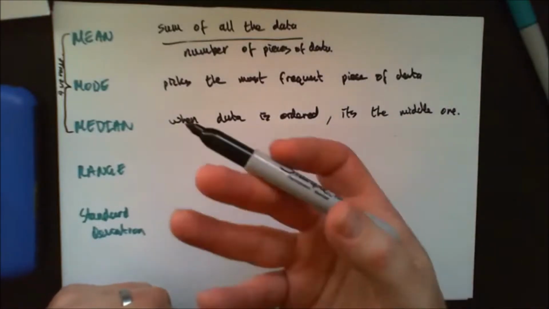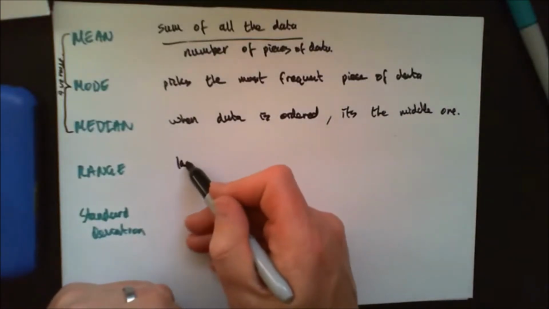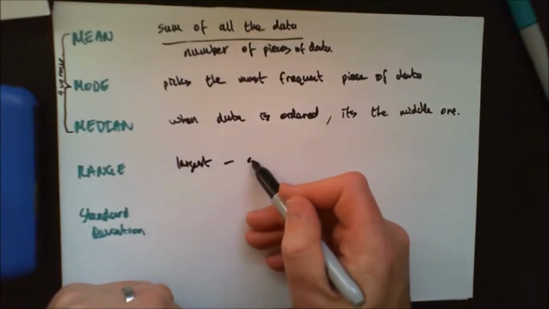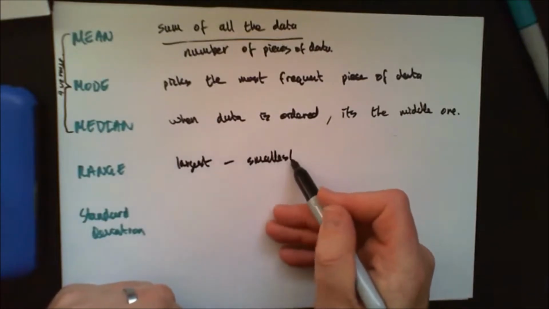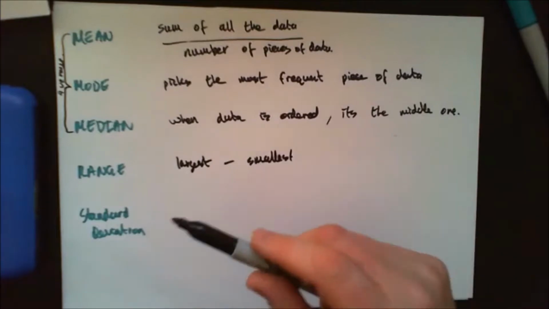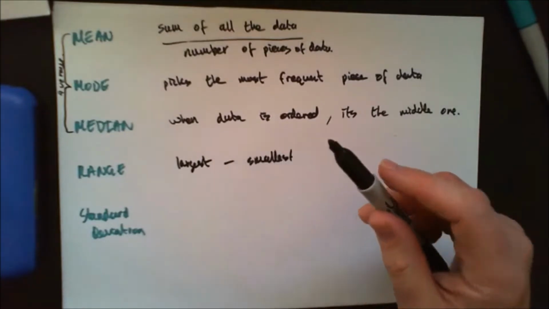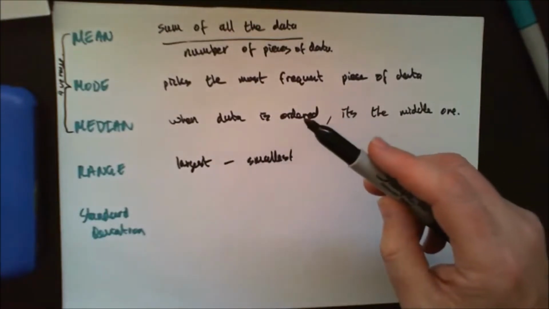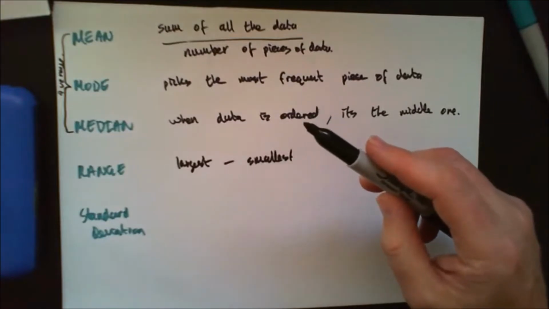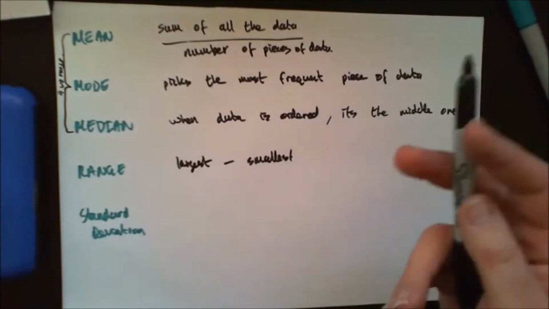The range is the largest minus the smallest. So that's probably the easiest one to think about of them all.